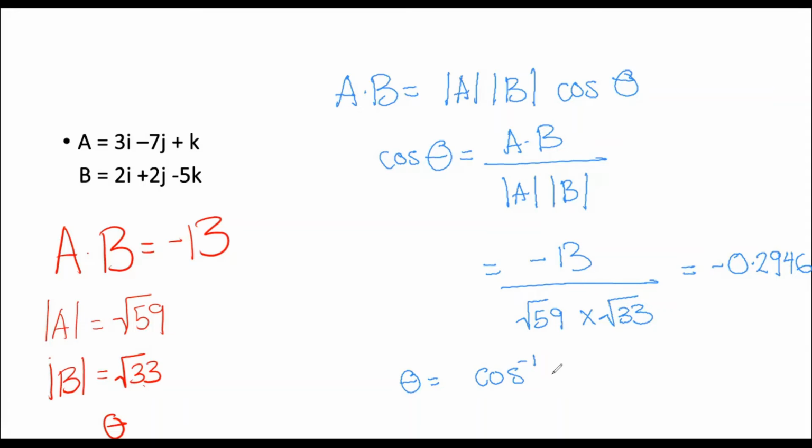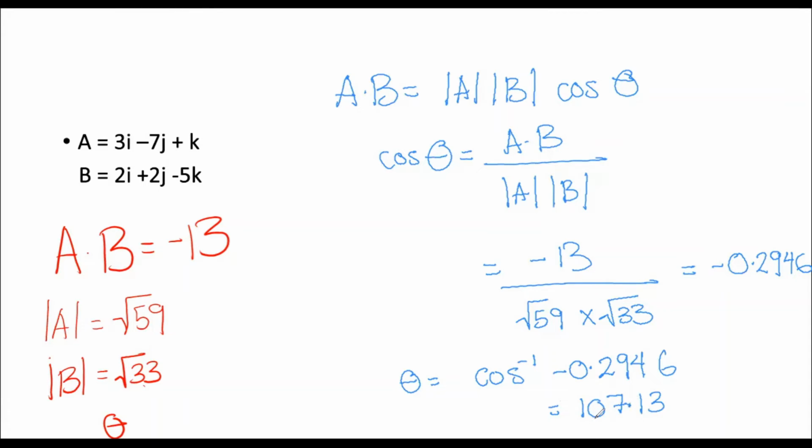The inverse cosine of minus 0.2946 will give me 107.13, because the next value on the calculator is still a 3, so we can leave it like this.